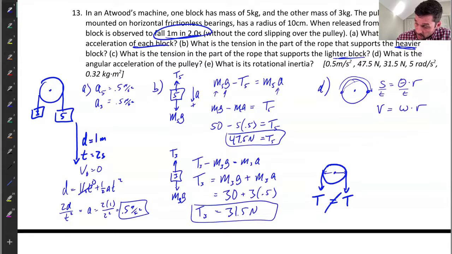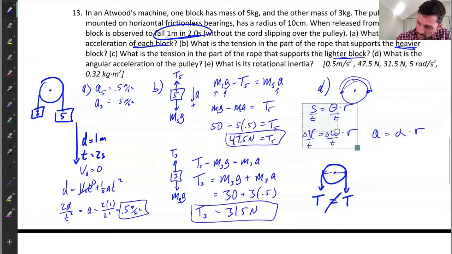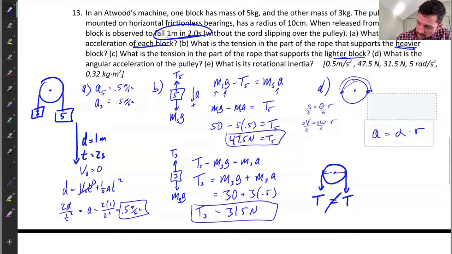If we rearrange that ever so slightly, actually we could take that one step. Delta V over T gives us an acceleration. Delta omega over T gives us an acceleration rotationally. So we end up with the linear acceleration, or the tangential acceleration, equal to the angular acceleration times R. This is the one that matters.